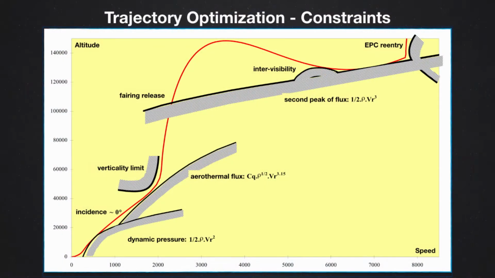I was talking about aerothermal flux and dynamic pressure constraints. So there is a part of the graph that is a no-fly zone for the launcher, okay? Which is the lower part. That part means that you are at very low altitude, but very quick, okay?